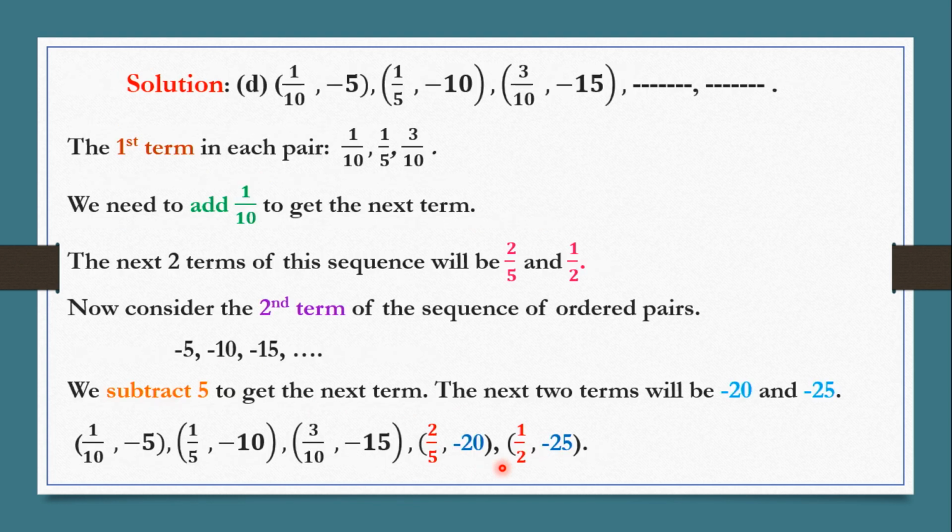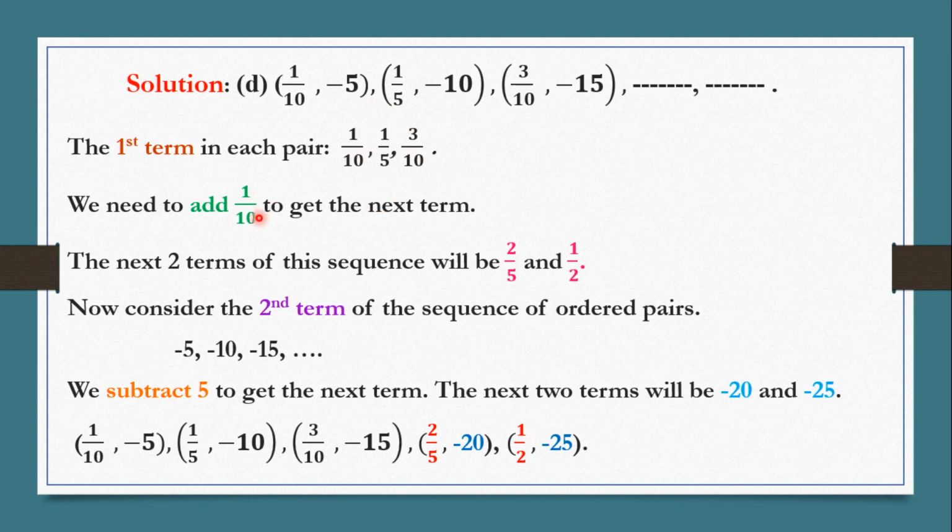Now part D, we have fractions here: (1/10, -5), (1/5, -10), (3/10, -15). The first term in each pair will be 1/10, 1/5, 3/10. Now remember, 1/5 can also be written as 2/10.